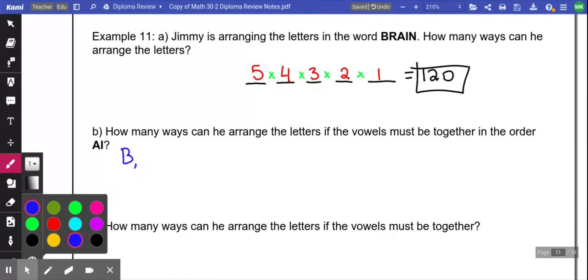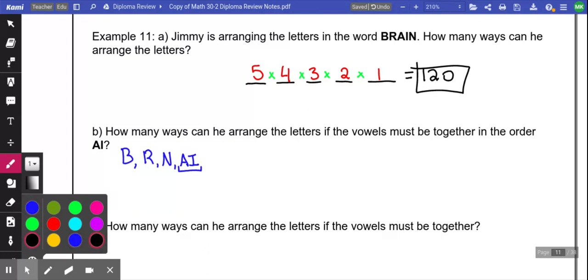The letter R is one thing. The letter N is one thing. And then the letters AI, I am now treating as just one thing. It has to move together, and it has to be in the order AI.